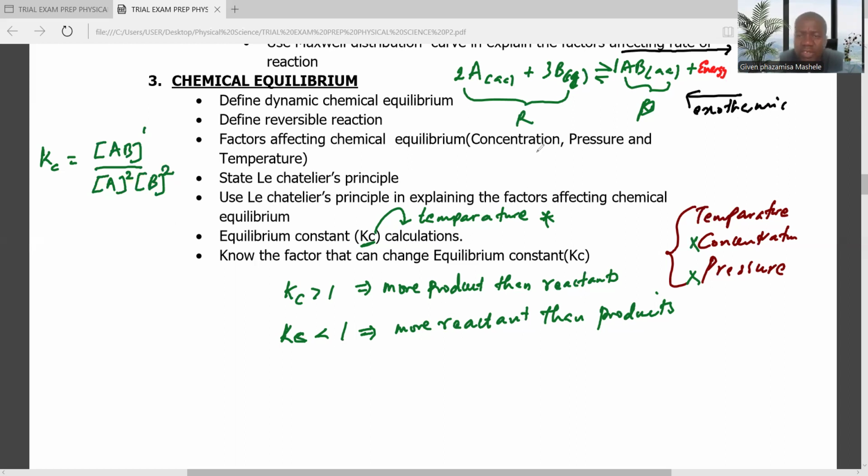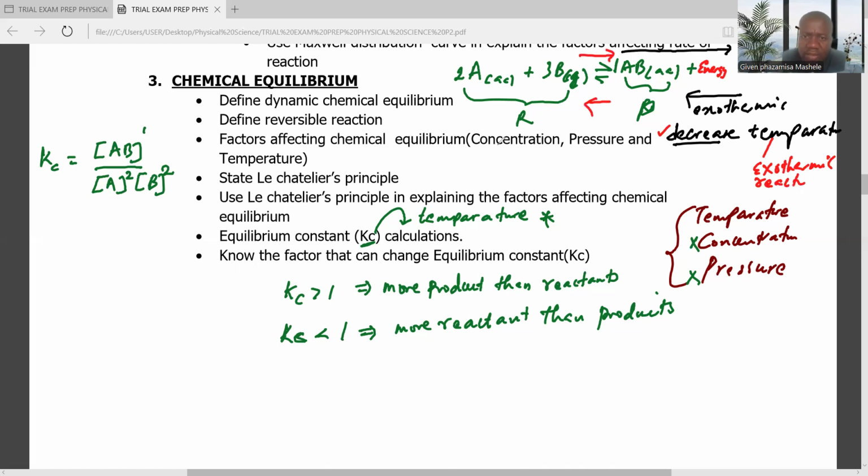So in the exam, if they ask what will happen to the Kc if we decrease temperature, then obviously you have to state, using Le Chatelier's principle, that a decrease in temperature will always favor the exothermic reaction. From our reaction here, which one is the exo? Is it the forward or the reverse?